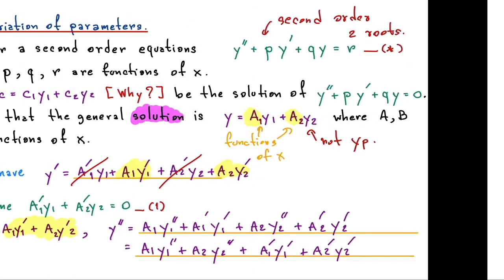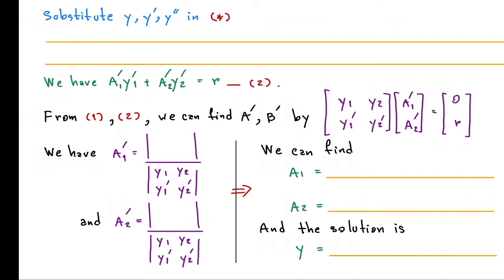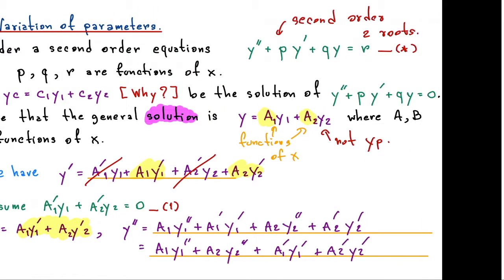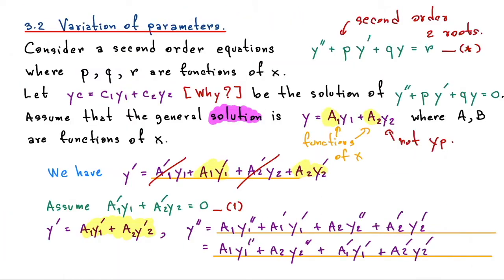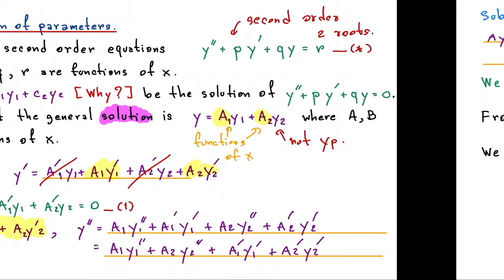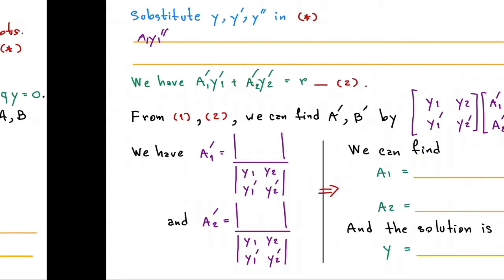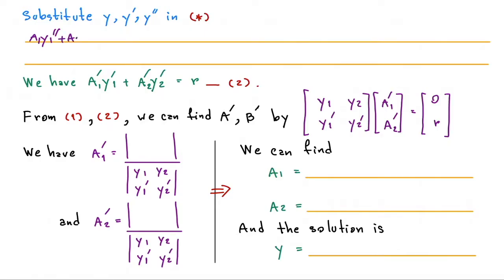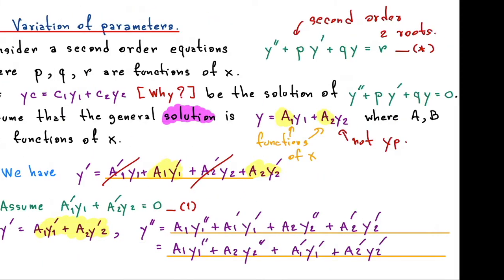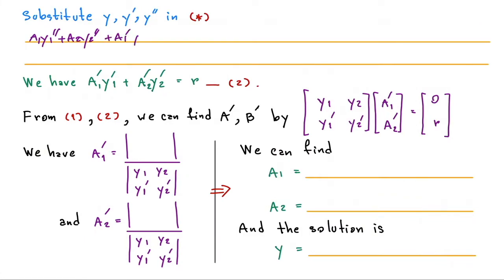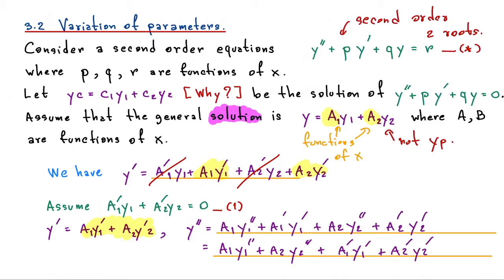So what we have is y double prime, which is a1 y1 double prime plus a2 y2 double prime plus a1 prime y1 prime plus a2 prime y2 prime. That is y double prime.